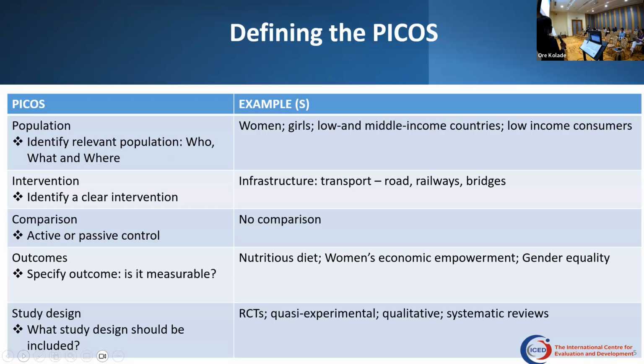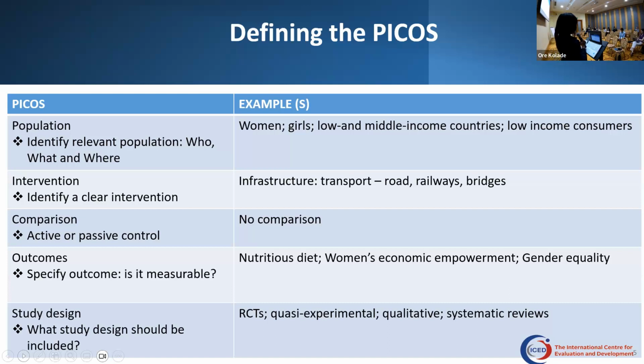So if you are rolling out an intervention, your active group is those receiving the intervention, and then against the other group, which is the passive. Then we come to the O, which is the outcome. So your intervention, you're going to roll out. You want to look at the outcomes that you are interested in. And in this case, I talked about nutritious diets, women's economic empowerment, and gender equality.